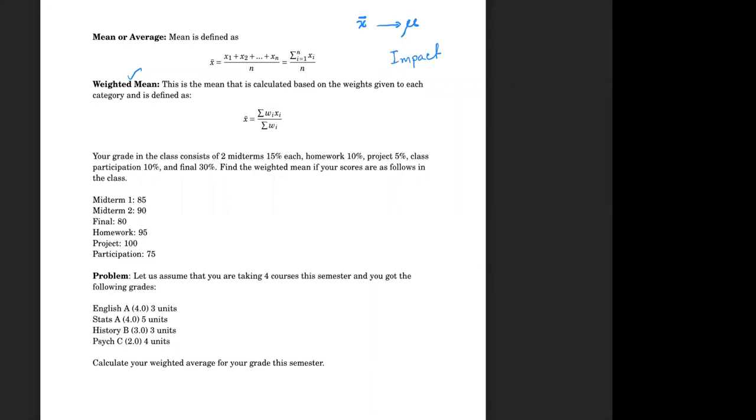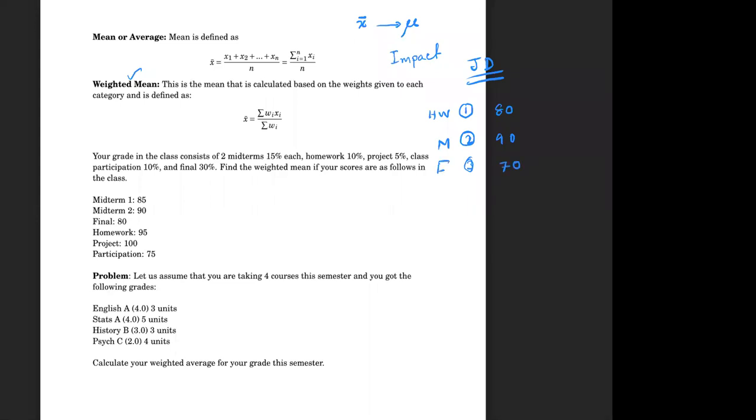If a student, John Doe, got the following scores: in homework, he got 80 out of 100, and in the midterm, he got 90 out of 100. In the final, let's say, he got 70 out of 100.